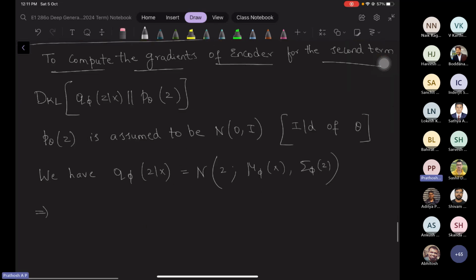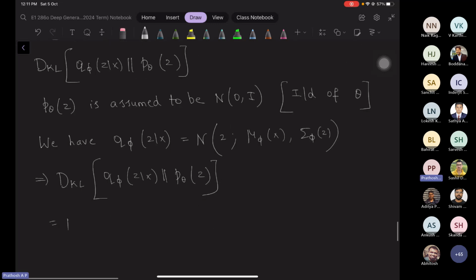Now this implies that the second term, which is the KL divergence, will be equal to the KL divergence between two Gaussians, one is a Gaussian with mu and sigma, another is a Gaussian 0 1.